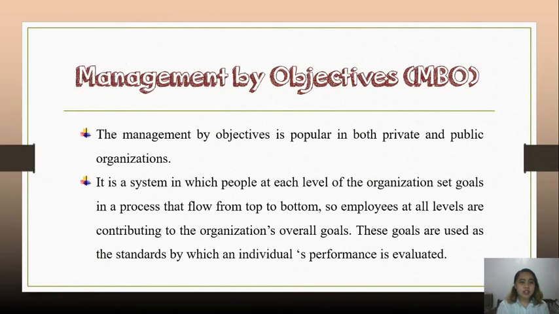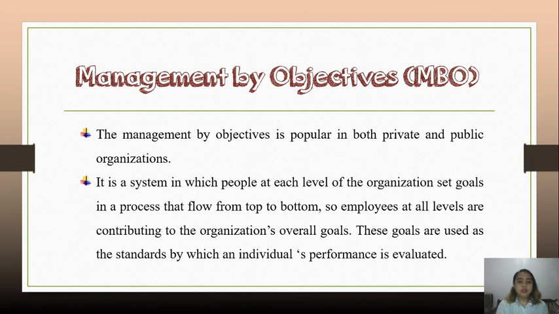Next is the management by objectives or MBO. The management by objectives is popular in both private and public organizations. It is a system in which people at each level of the organization set goals in a process that flows from top to bottom, so the employees at all levels are contributing to the organization's overall goals.